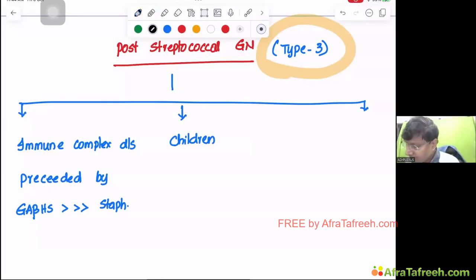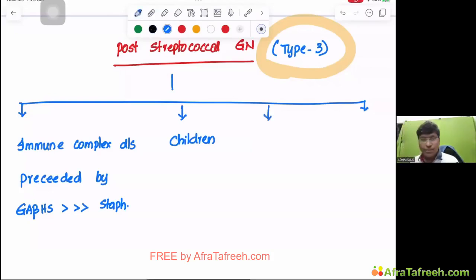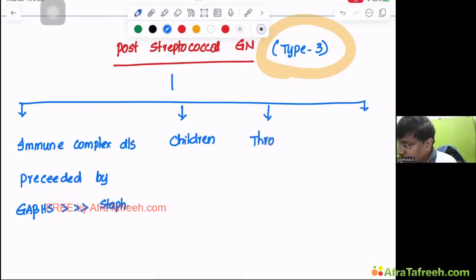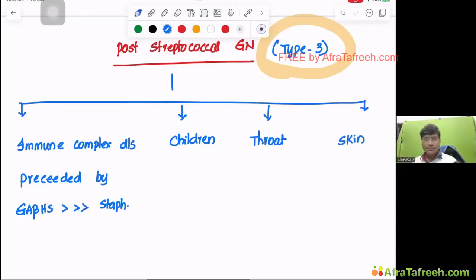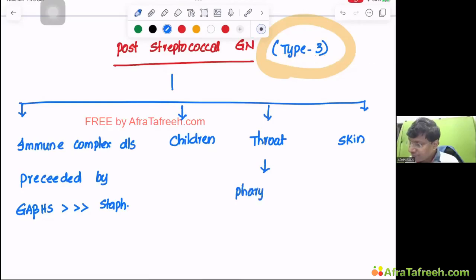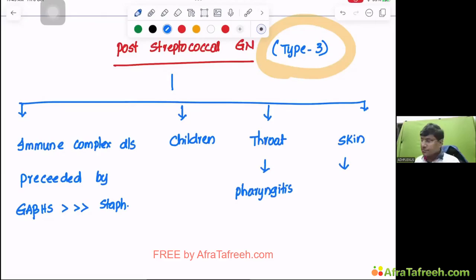And it is the one which follows group A beta hemolytic streptococcal throat infection and the one which follows the skin infection. Group A beta hemolytic streptococcal throat infection, that is your pharyngitis. Then group A beta hemolytic streptococcal skin infection, that will be impetigo.